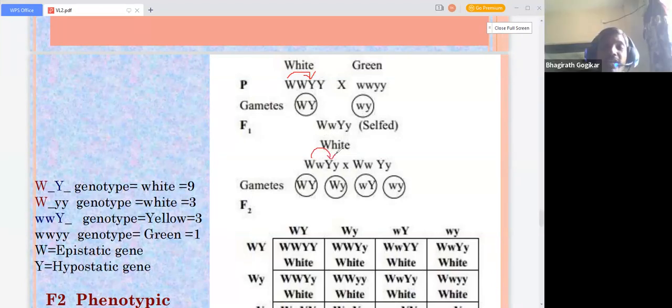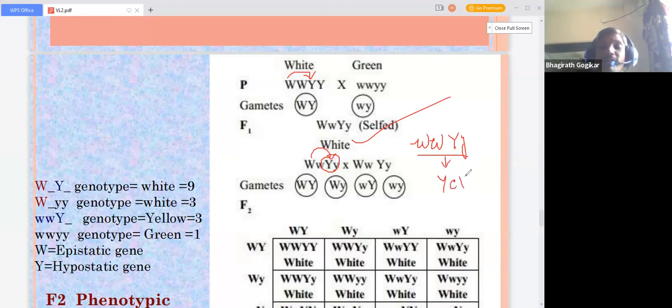So this is dominant epistasis. That's why in the presence of capital W gene, it produces white color. For example, yellow color is represented when? In this case, we are getting yellow color. Why? Can anybody answer? Why does this genotype produce yellow color?